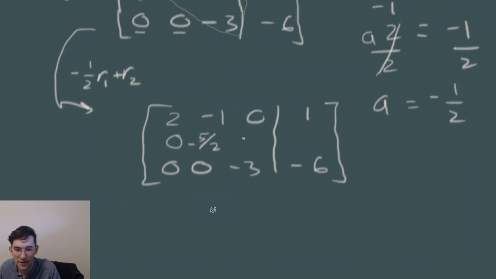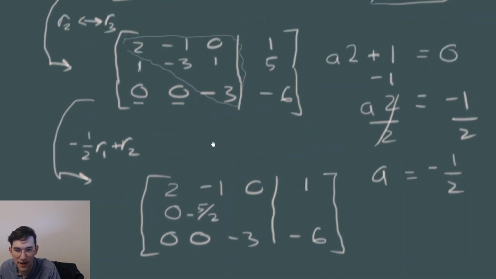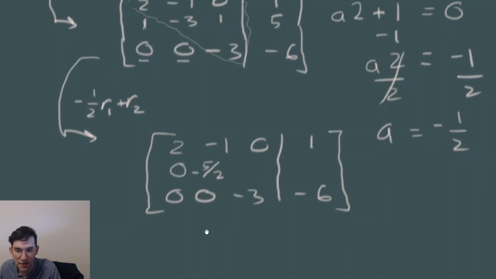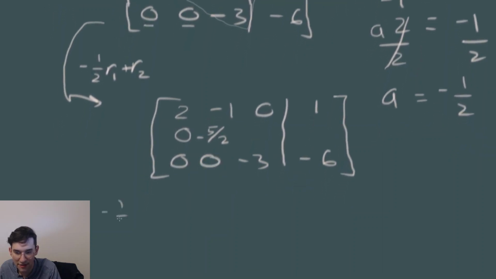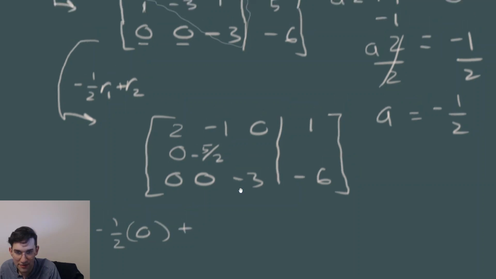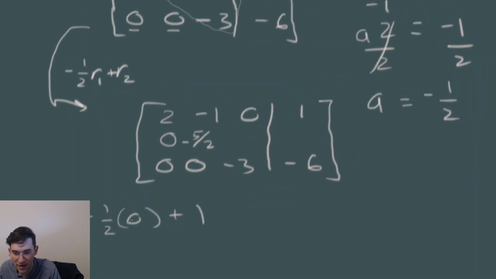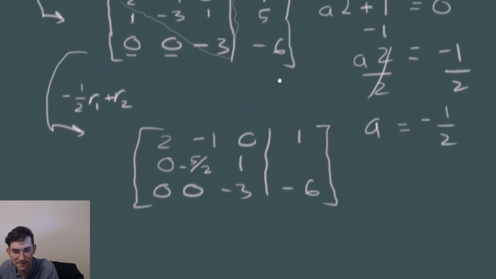Okay, rotating again. Let's take the last one. We have 0, negative 1/2 times 0, plus R2, which is just 1. 0 times negative 1/2 is just 0, plus 1 equals 1. Now, we can't forget, we also have to do the other side of the equation.